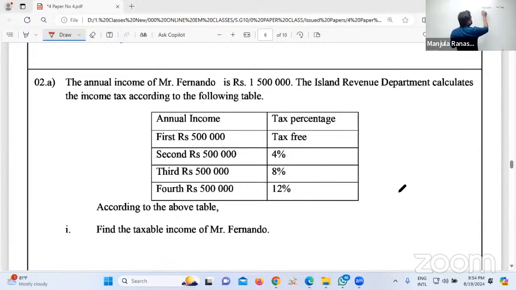The second 500,000, then 4%. Then the third 500,000, then 8%. Then the fourth 500,000, that is 12%.